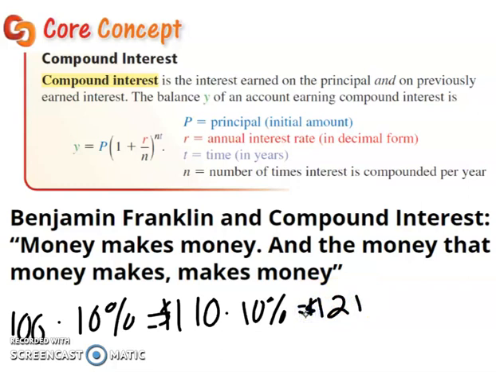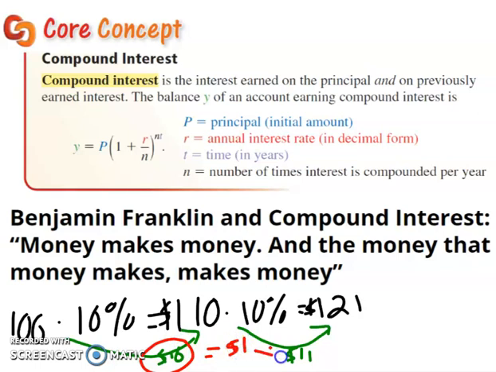So you notice we don't really have a distinct pattern here, because we earned $10, and now we earned $11. Well, what's 10% of 10? $1. So the money that you have is generating more money, and your total keeps getting bigger and bigger exponentially. So without further ado, let's put it into a concrete example.